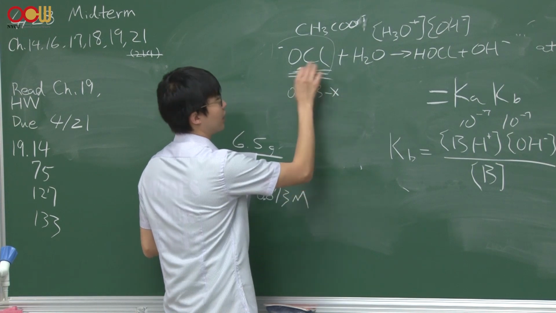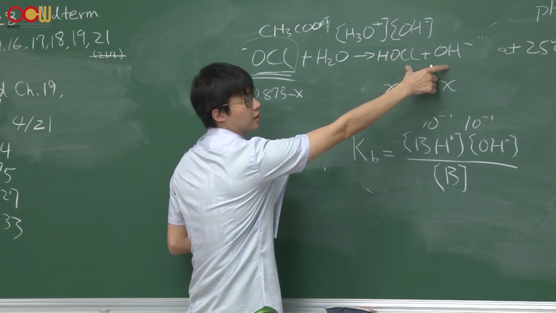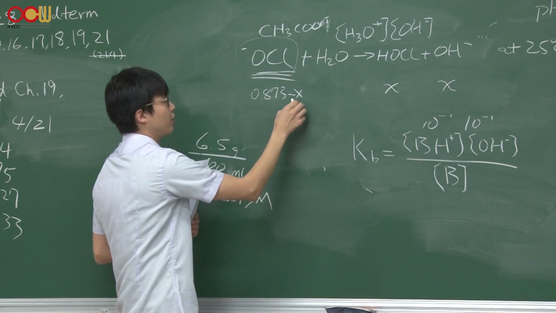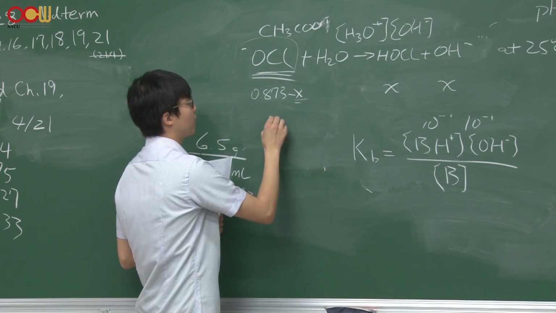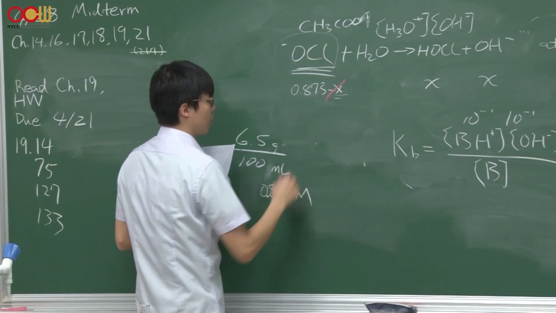So we know when it reacts, it forms a certain amount of this and hydroxide, right? And then their concentrations are equal. And we know this X is likely to be very small. So to simplify our calculation, we can take away this term, okay?